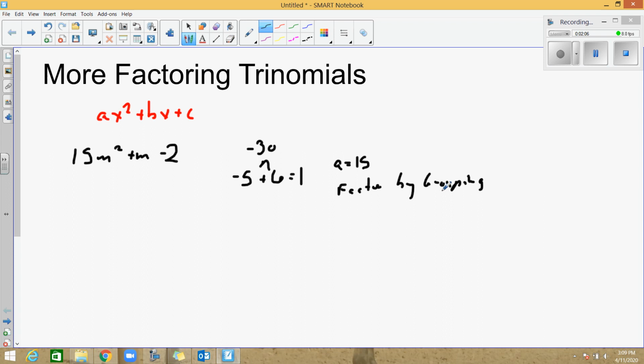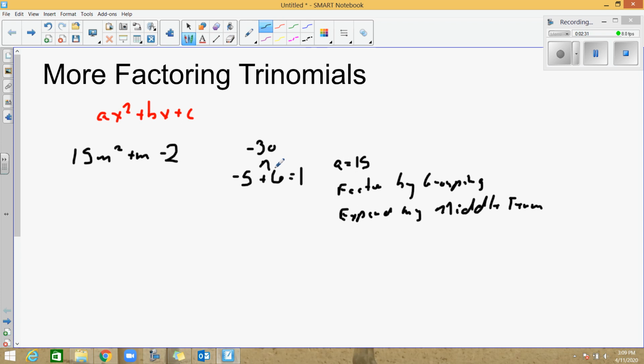And the way I get to factor by grouping is to expand my middle term. All right, so if I come back up to this, this is my middle term. Well, I'm going to expand it. Well, how do I expand my middle term so I can do this factor by grouping process?